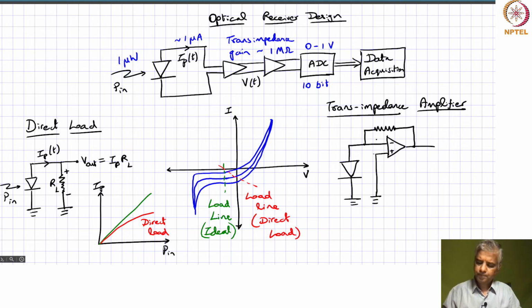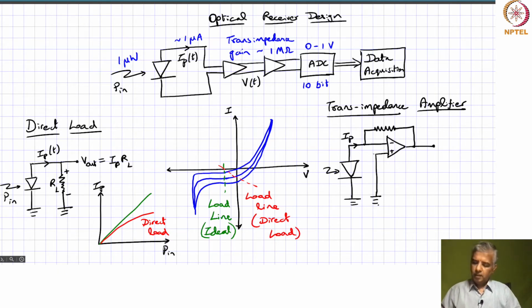And if you have IP that's generated because of light incident on this photodiode, the properties of the op amp come into the picture. So what are the properties of the op amp?